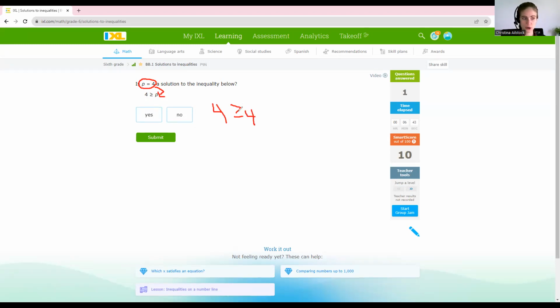So 4 is greater than or equal to 4. Well, because this one here has that line underneath, it has that "or equal to" option, this does check out. It would be a yes, it does work.